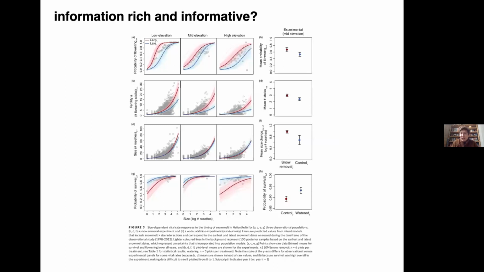Here's a paper that I got to contribute to. Again, don't worry too much about what it actually means, but I would say there's a lot of information here, and it's relatively informative. You look at the figure, and without even knowing what you're looking at, you can see differences between the red and the blue.